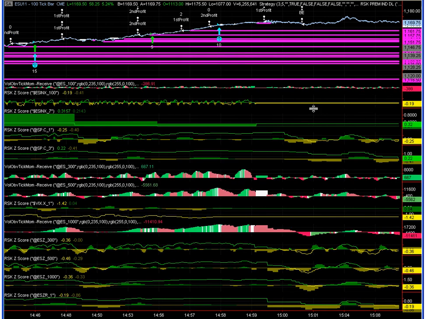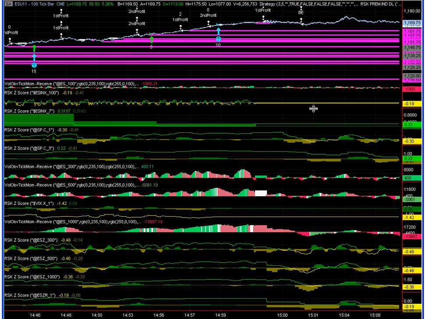Tomorrow we're going to make just a slight adjustment in how we're using the VIX. I won't tell you how, but it's a slight adjustment on the use of the VIX.